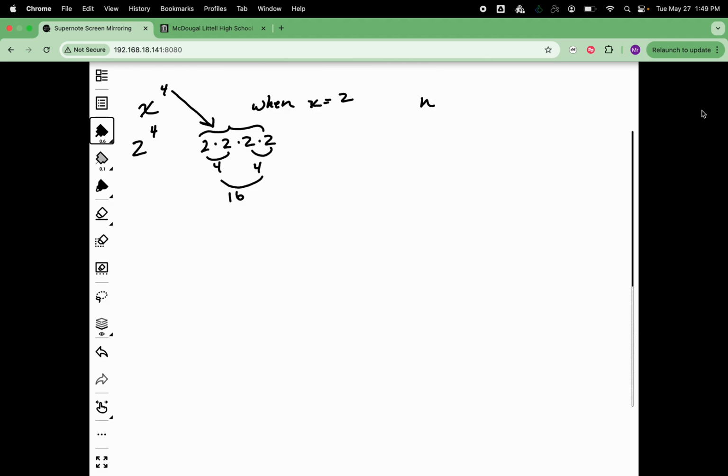What about n to the 3rd when n equals 1.5? Okay, so this is going to be 1.5 times 1.5 times 1.5. They might write it differently, but it's the same thing. We have to multiply those together, and this is maybe where you get a calculator involved, if you are allowed to.